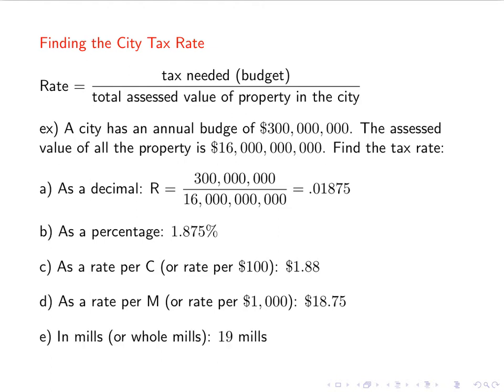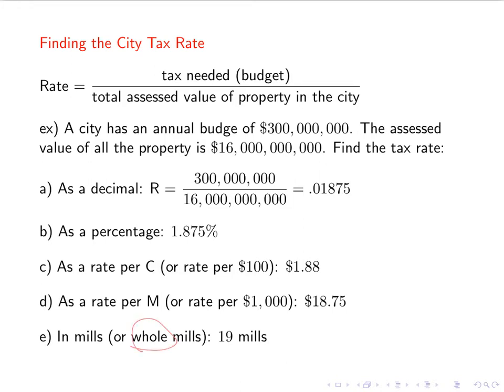And then the last one is mills, sometimes called whole mills. And here what we do is there's no dollar sign and it's replaced with just the word mills. And again, mills is coming from that M for that 1,000, that millennium or milli. So it's the same number as part D, except it's rounded up to the next integer or whole number.